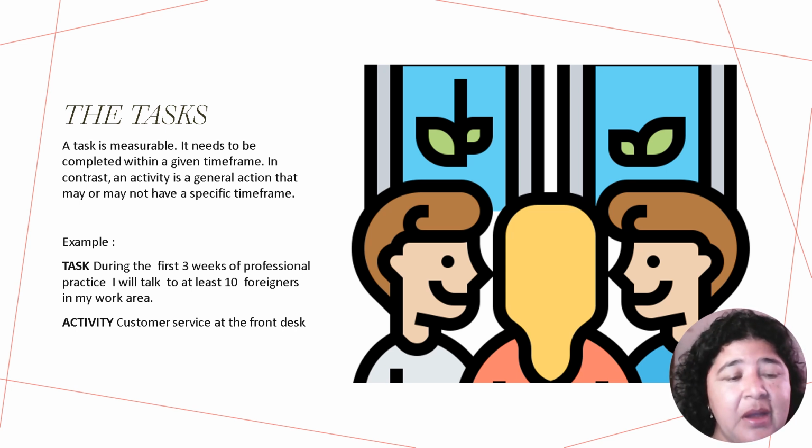Example, you can write that you have the task of, you can say, I will talk with at least 10 foreigners in my work area. So you need to reach that in 3 weeks. So that is a task. However, an example of activity is just customer service at the front desk.